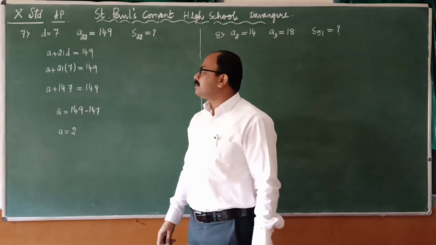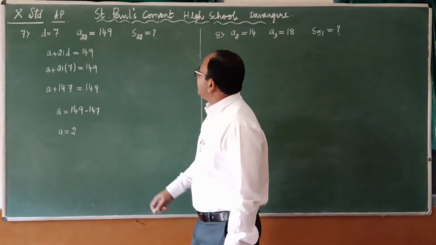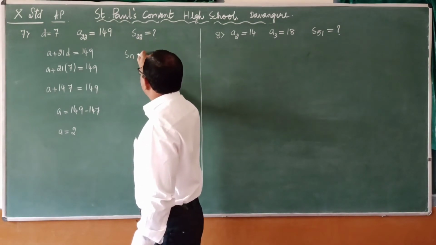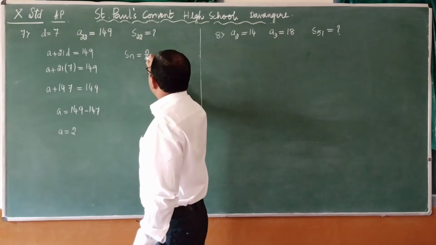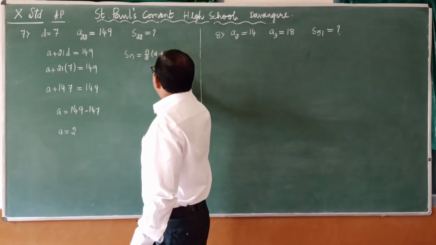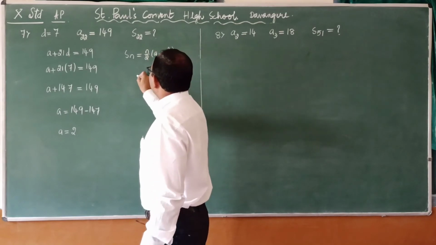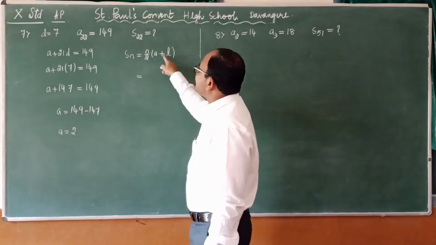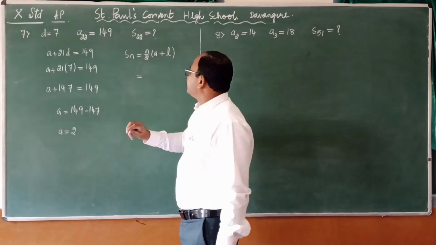Simplest thing, children. Then let's calculate the value of S_22. n is 22 here, children. S_n is n by 2 into (a plus l), because the first term we have calculated and the last term is 149.